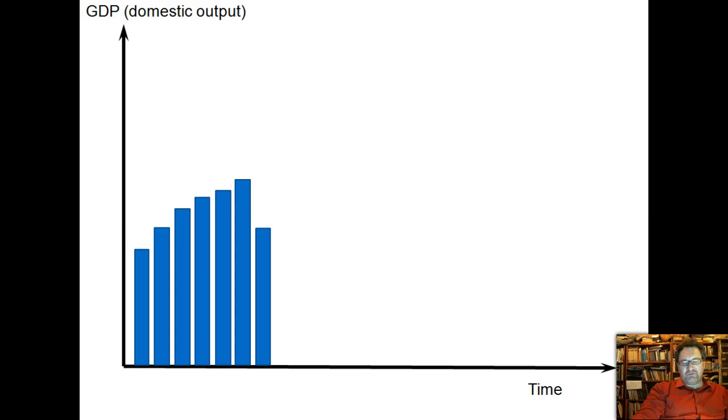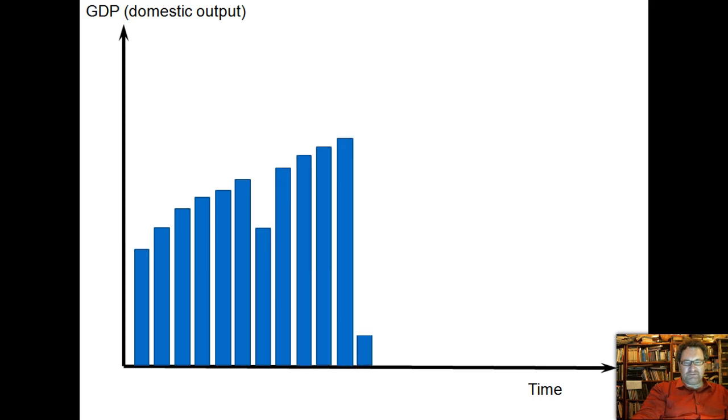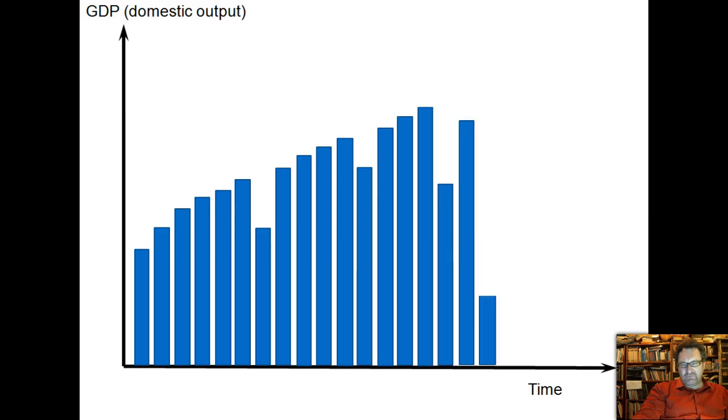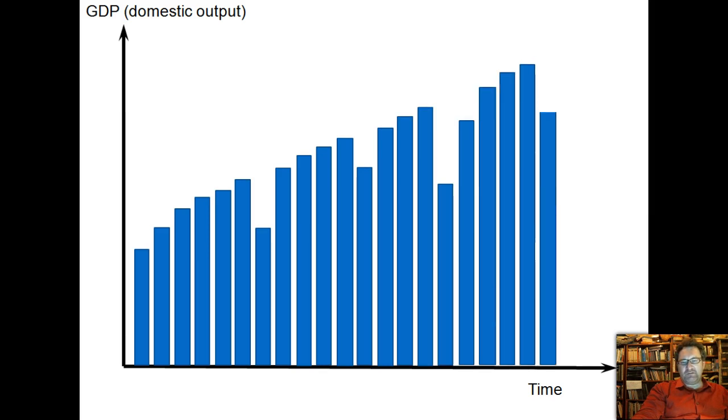So we've got economic growth occurring, output is increasing year after year, and then we have a situation where the output is less than previously. So in this case we've got negative growth occurring. Then output goes up again, and then falls, goes up again, falls, goes up again.